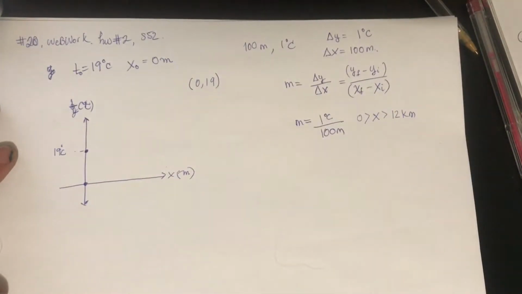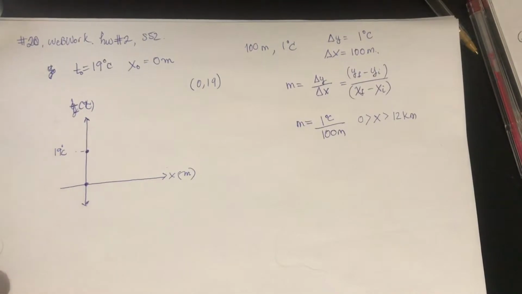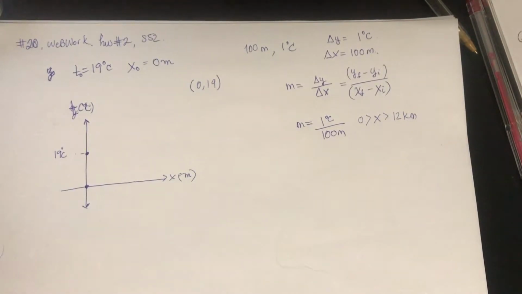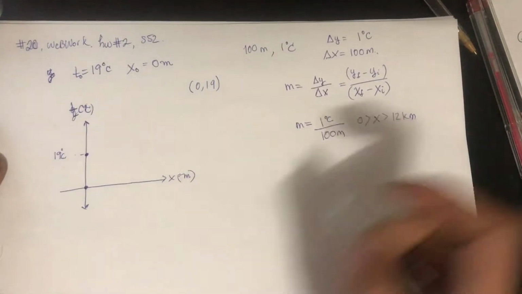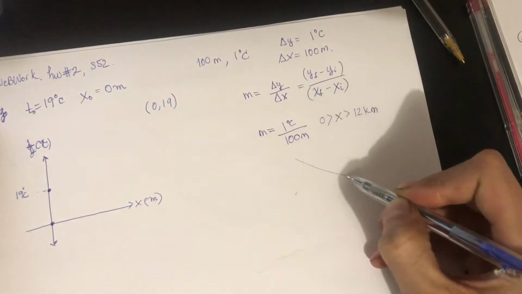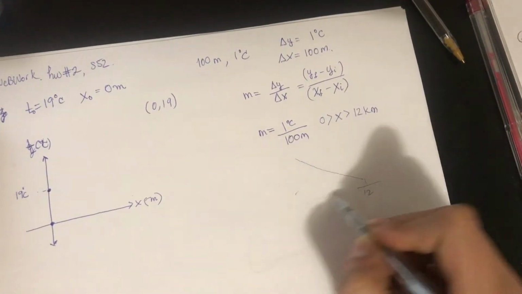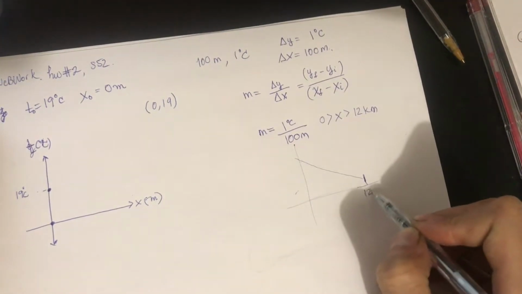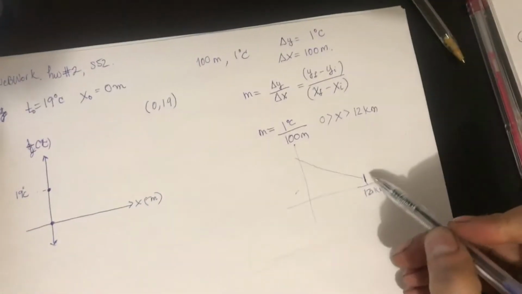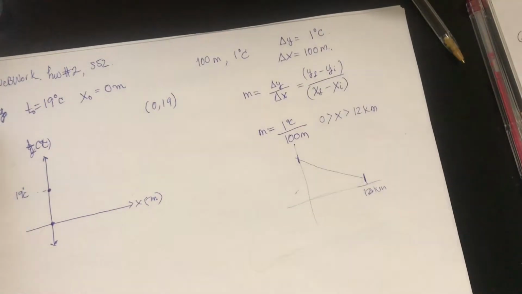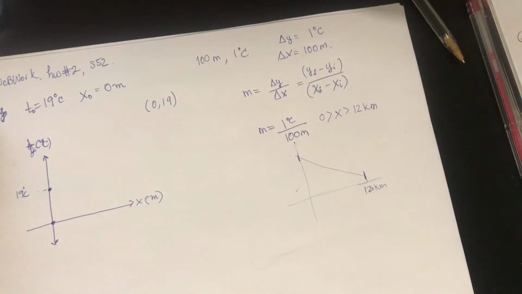That's given, right? It says, as dry air moves upward, it expands at a rate of 1 degree Celsius for every 100 meters rise, up to 12 kilometers. So that means that the air is going to keep cooling down until we reach 12 kilometers. If this was our graph, then until it reaches 12 kilometers, we do not know what happens further on, right? So my problem is only defined in this interval or domain, right?